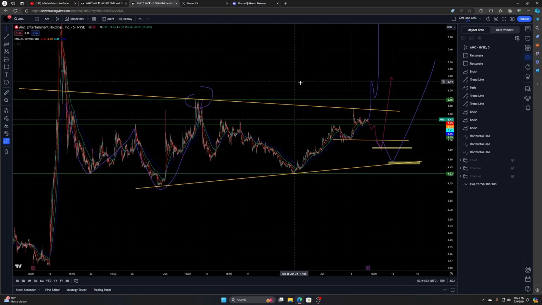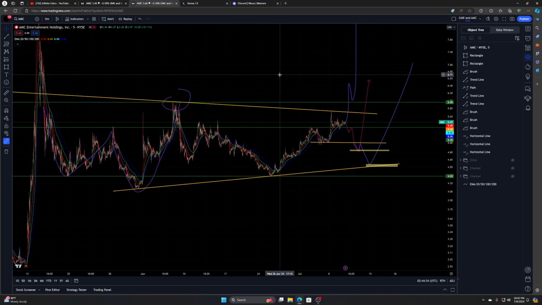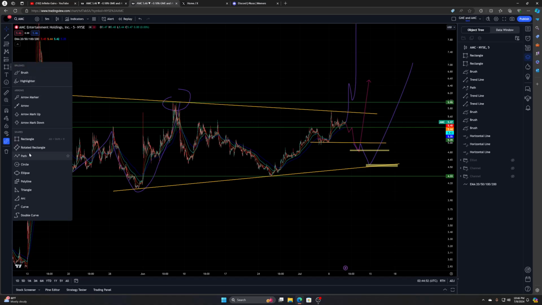Well, you gotta look at it from multiple perspectives, and we could easily go down to 480. We could easily go down to 450, because that $5 level has been such a point of trouble. It's given us so much trouble.